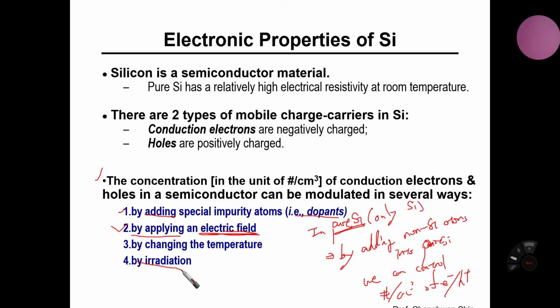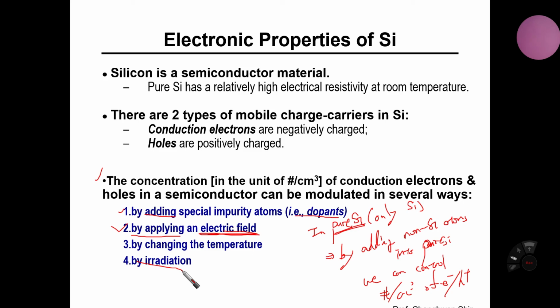But once a very high energy beam hits the silicon atoms, then the first two electrons sitting in the 1s orbit, maybe not, but most likely, can be freed. Then the total number of free electrons would be modulated.